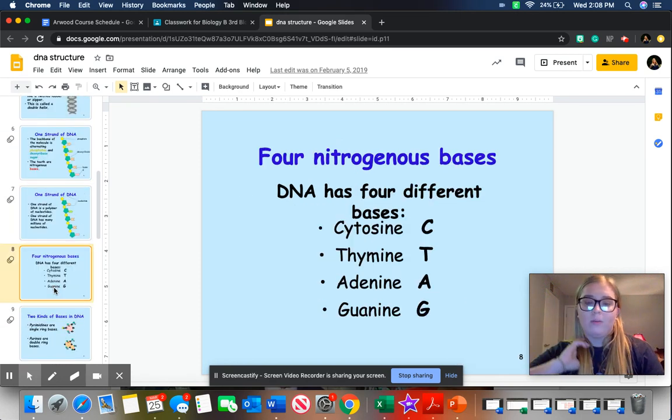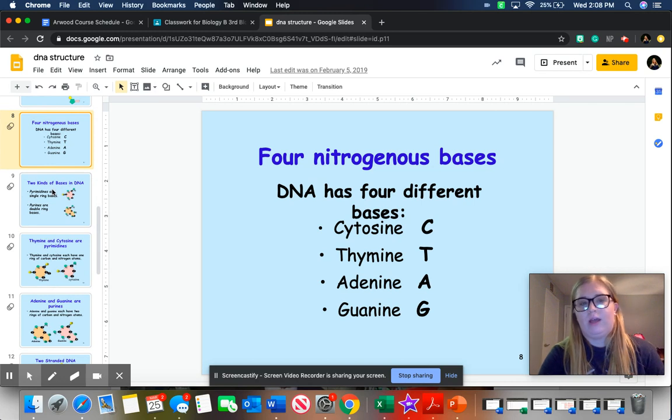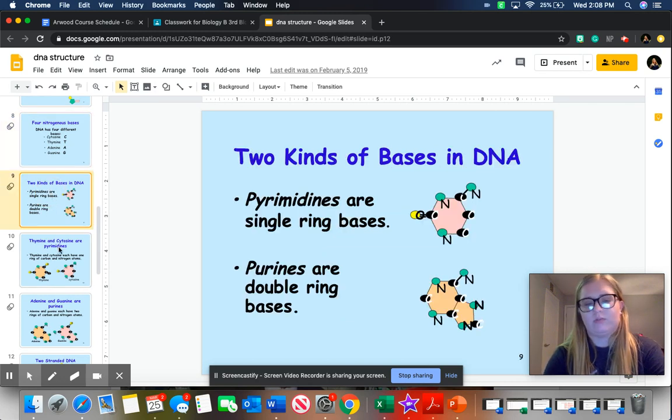So there are 4 bases that make up these strands of DNA. So there's cytosine, thymine, adenine, and guanine. So these are represented by C, T, A, and G. So you should have learned about that in the video and the web quest that we've done so far. So there are 2 kinds of bases.